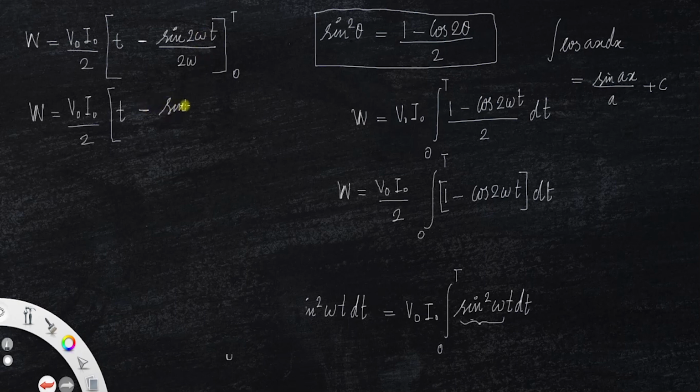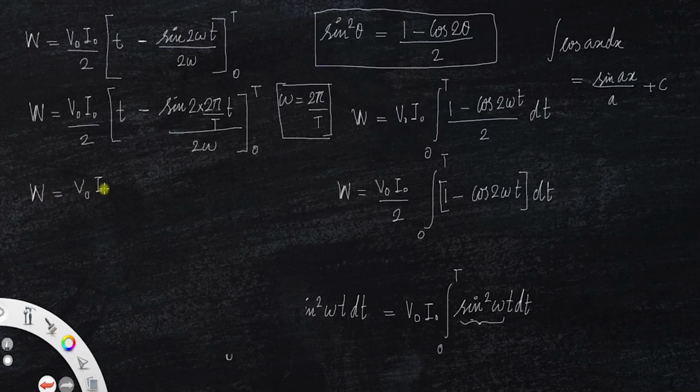Omega is actually 2 pi by T, so I can replace omega with 2 pi by T. The limit is 0 to T. So the work done W is equal to V0 I0 by 2 times t minus sine 4 pi by T into small t, whole divided by 2 omega.